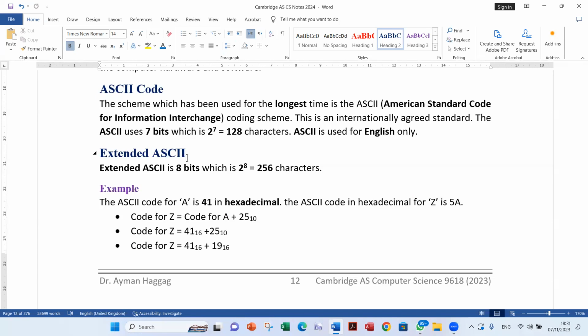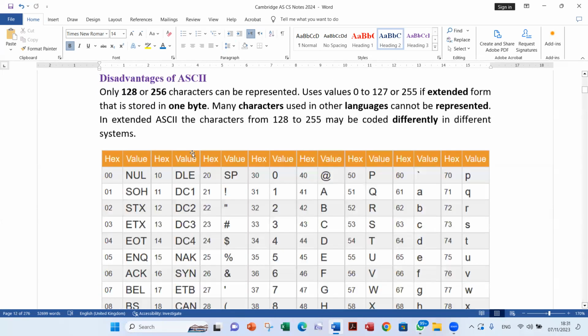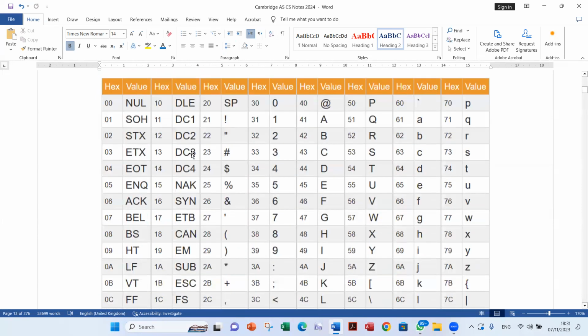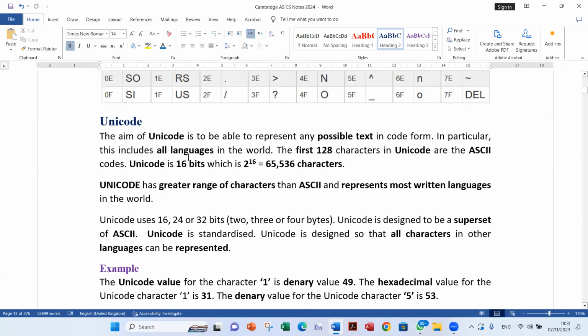And then they have to face that there are more languages in the world, especially Japanese and Chinese. Each language of these may have up to 5,000 distinct characters. And then they said 8 bits isn't enough at all.